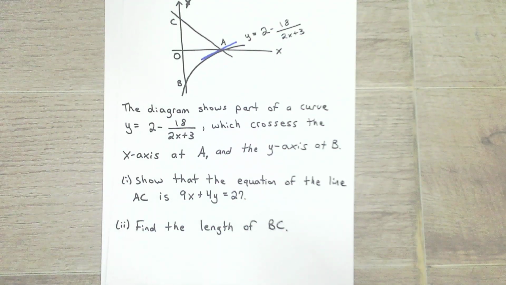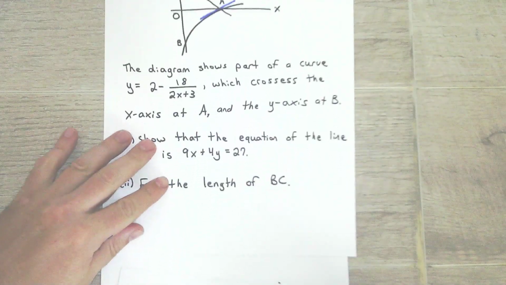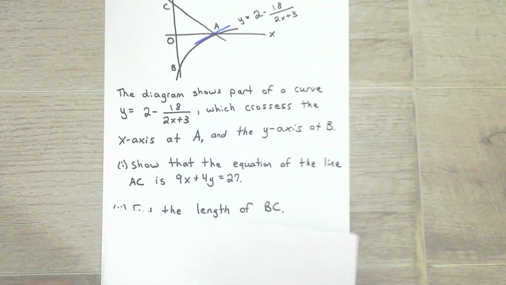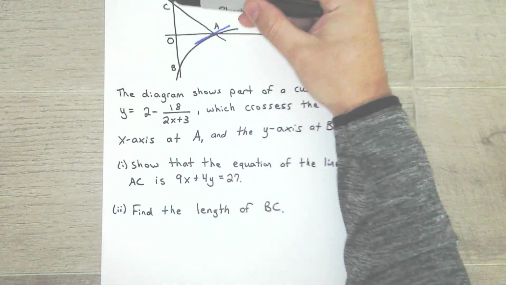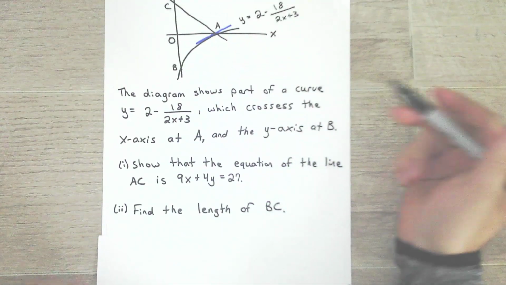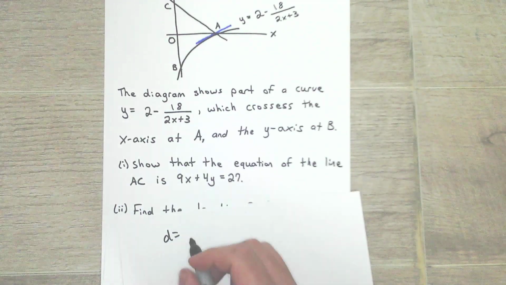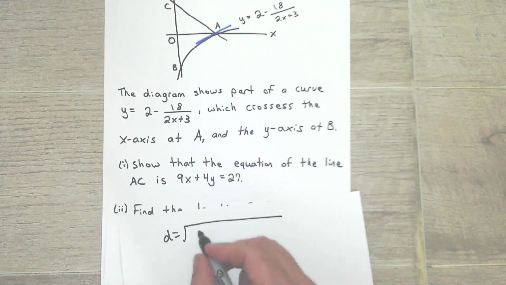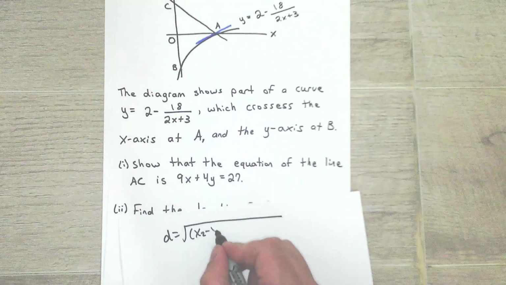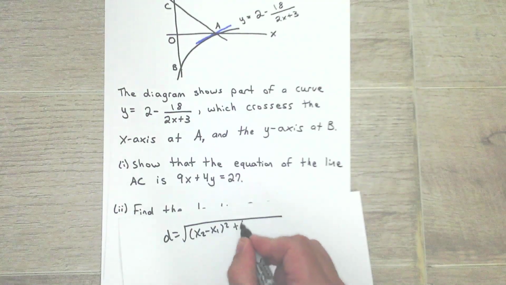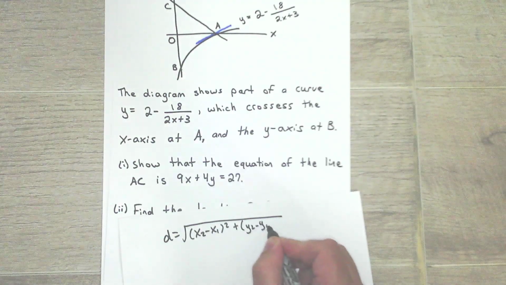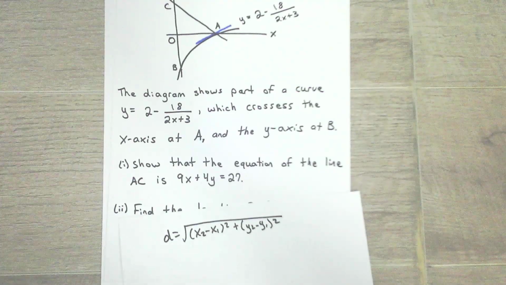Now find the length of BC. So BC is here and here. We need to find the length, that's the same thing as distance. So if I remember the distance formula, just from coordinate geometry, x2 minus x1 squared, y2 minus y1 squared, all under the square root.